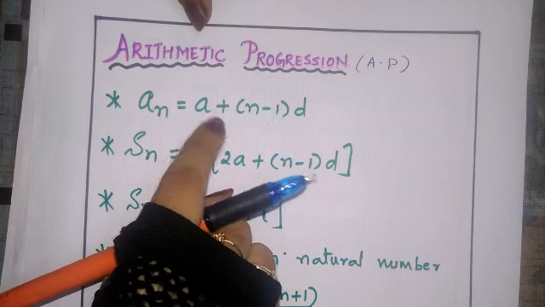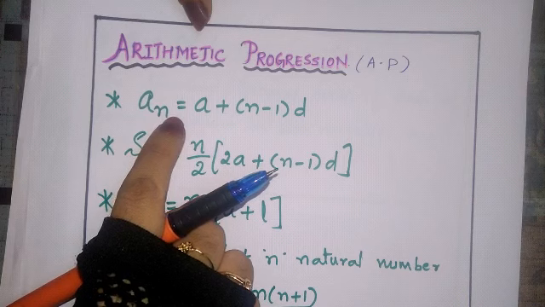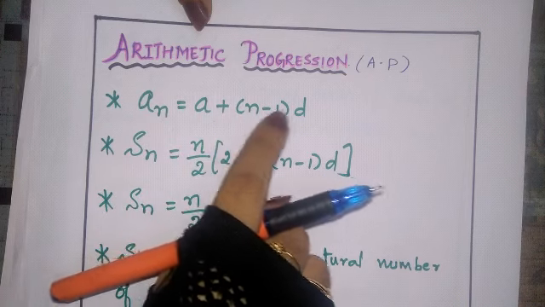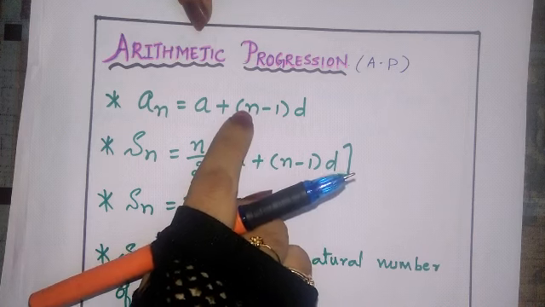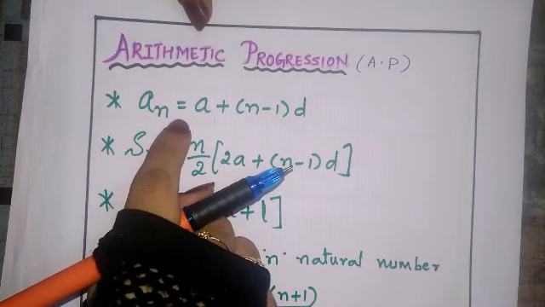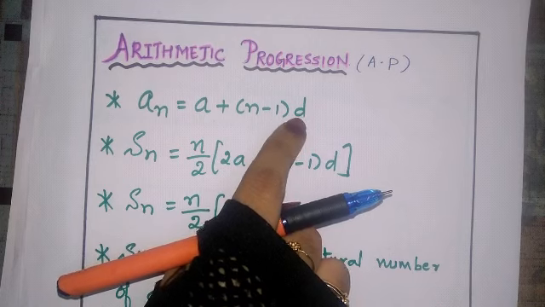It is also called the general form of an AP. Based on this formula, the 1 mark questions they ask: find the general form of an AP, or write the general form of AP, or write the nth term of AP. So when they ask for the nth term of AP, an = a + (n - 1)d.